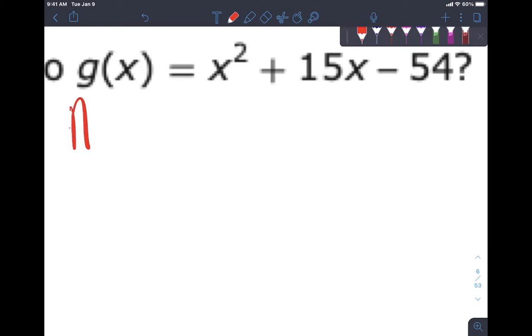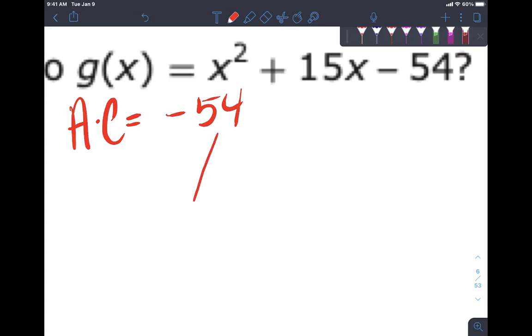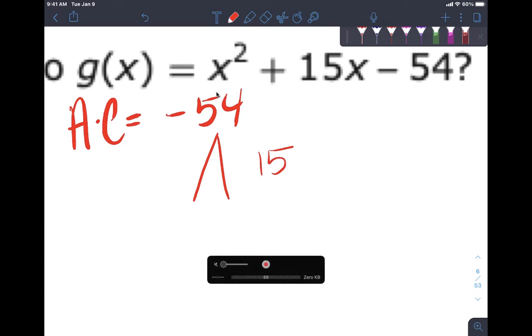So I'm going to multiply a times c, which is negative 54. I need two numbers that when multiplied together will give me negative 54, but will add together to give me positive 15. So negative times a positive makes a negative, and that means that I'm going to have one positive, one negative. And over here, when they add together, they're still positive. That means that the positive number is bigger.